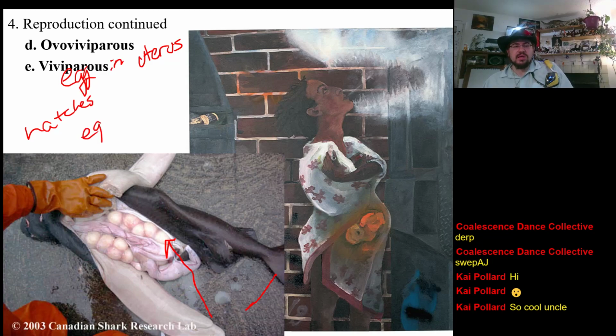Then the egg and the yolk remain in the uterus. Well, not the egg, excuse me. The young attached to the yolk, right? So the young hatch inside the uterus. I said larva. Man, I should just say young. There's no actual larva here.